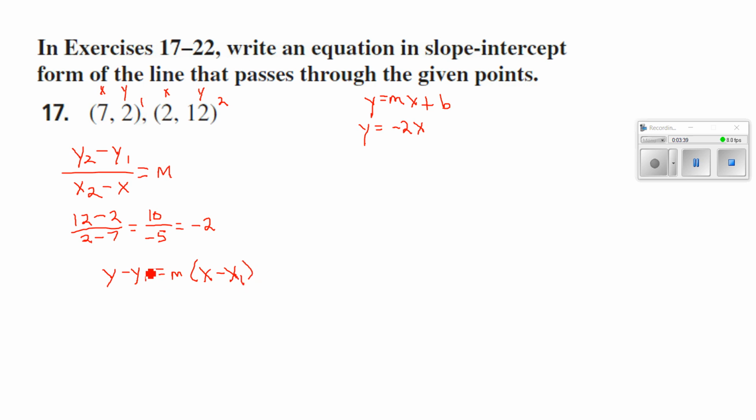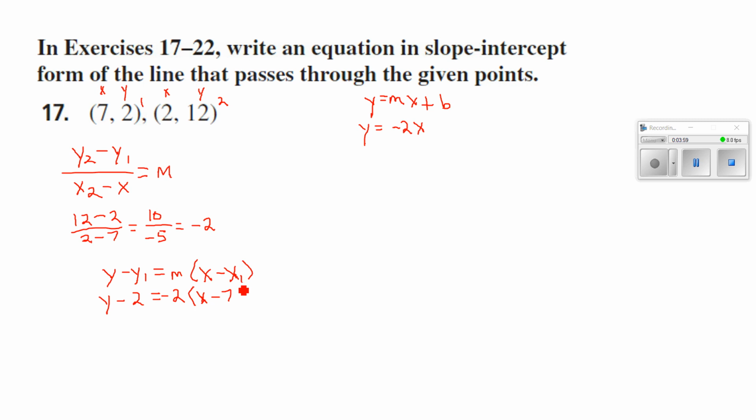So in this case, I already know that m is negative 2. I'm going to put my y1 as 2, and I'll put my x1 as 7.